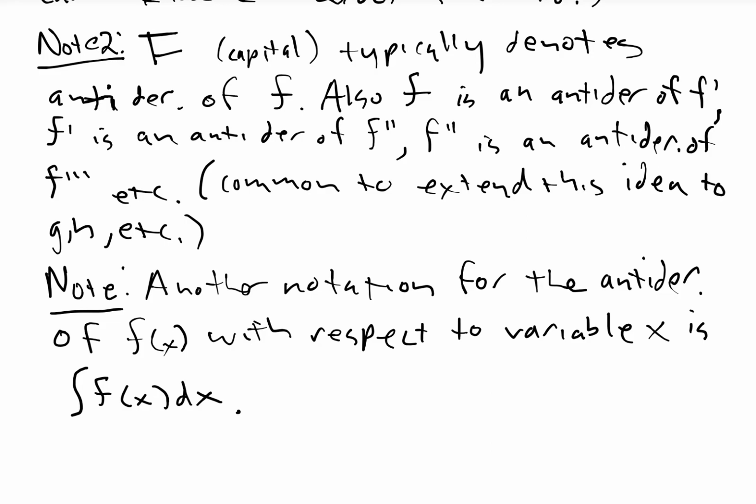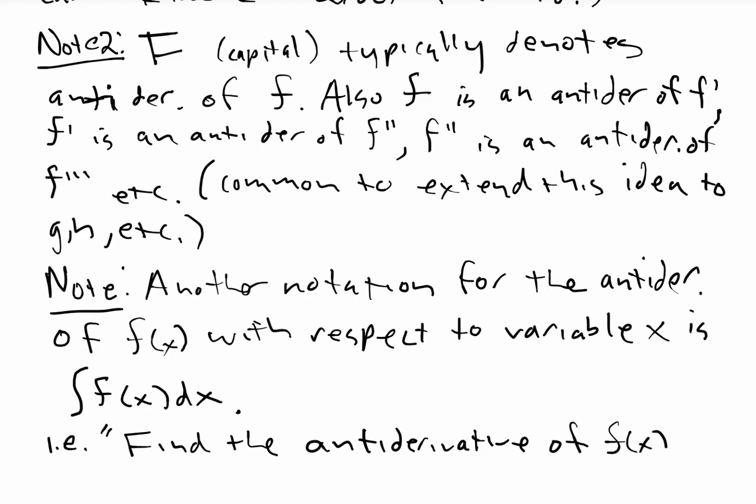So basically the whole purpose of this is I could say something like, find the antiderivative of the function little f of x. Okay, let me erase that here and actually finish my quote properly.